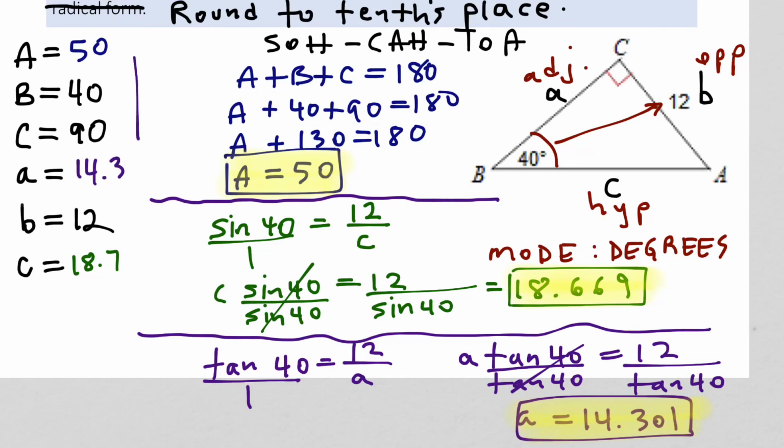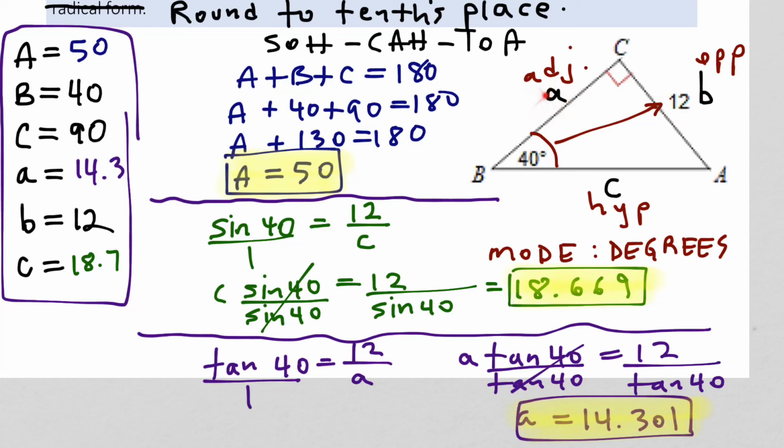Now I've got my table finished, so I've solved my triangle. On these kind of solving the triangle problems, you're going to be given 3 pieces of information. One of them will be this right angle, which is 90 degrees, so that's 1, 2, 3. And you'll have to find the other 2 pieces of information.